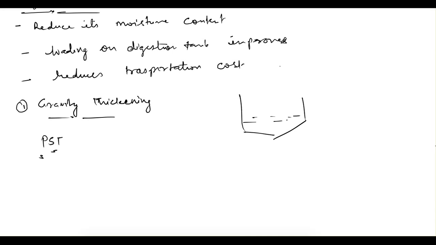It can also be used for a mixed sludge, from the primary sedimentation tank and from the activated sludge process, but more of it should be from the primary sedimentation tank sludge. If the activated sludge obtained from this process is greater than 40%, then this process is not suitable. It should be below 40%.